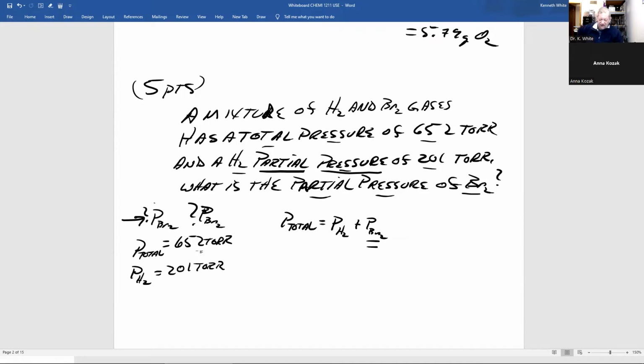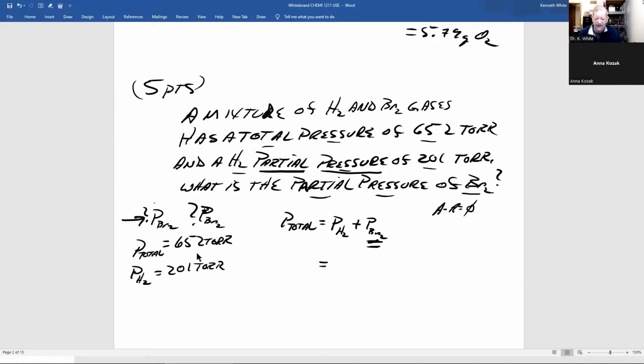All right, my turn. We want to solve for the partial pressure of bromine, meaning we want it alone on one side. But notice this is an addition. Now, let me remind you, anything minus itself equals 0, meaning it's gone.